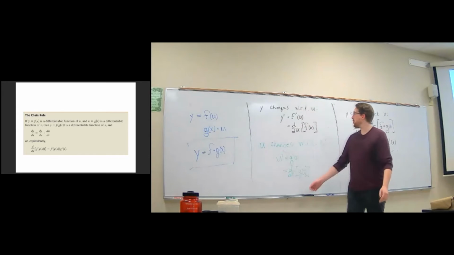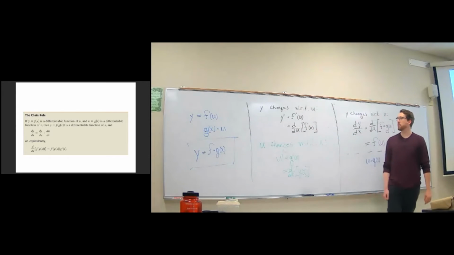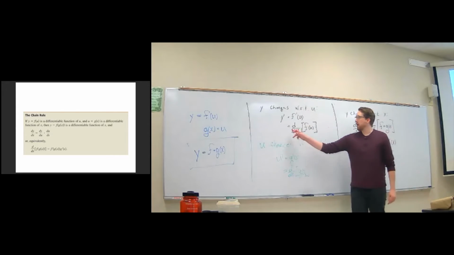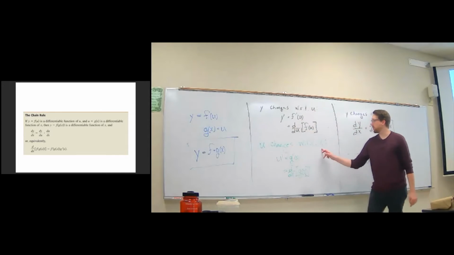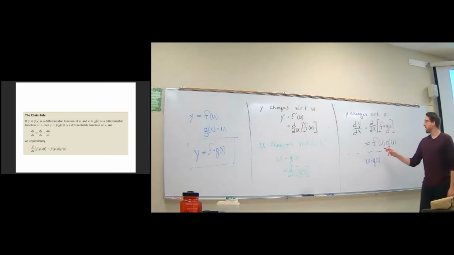If we think about what we've got here, it kind of makes some sense, right? This is the change in y with respect to u. This is the change in u with respect to x. Y changes with respect to u in a particular way. U changes with respect to x in a particular way. So those changes in u cancel out, right?